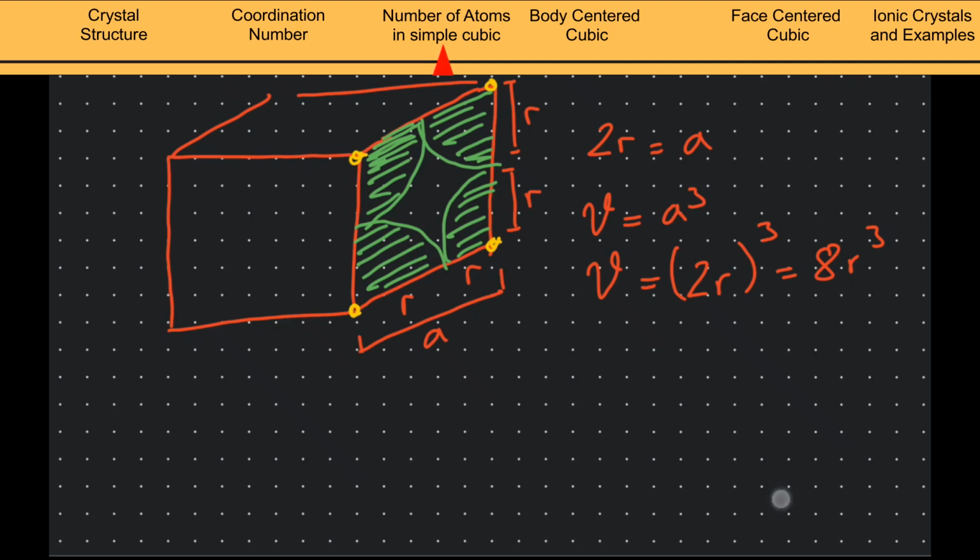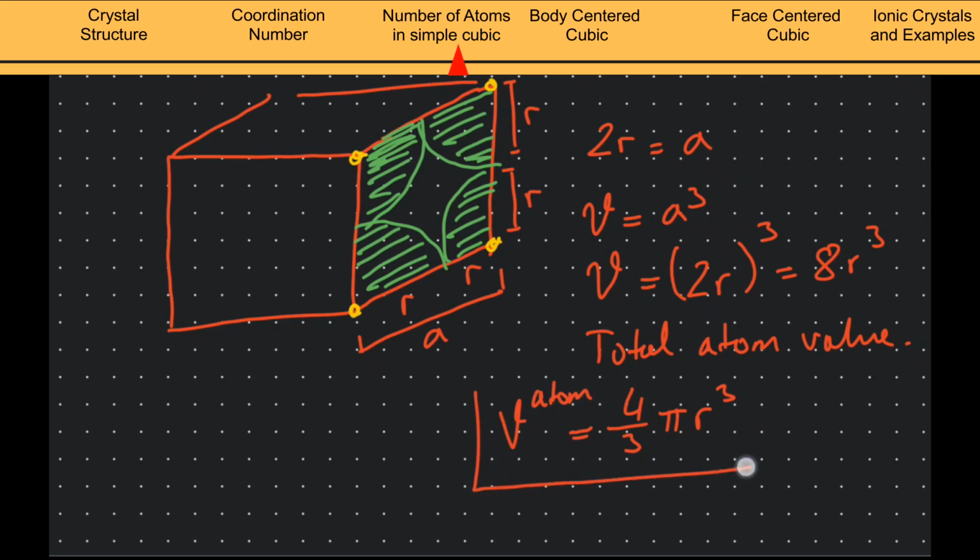And the total atom volume: we have one atom per unit cell, therefore 4/3 πr cubed is the volume of the atom in the unit cell.